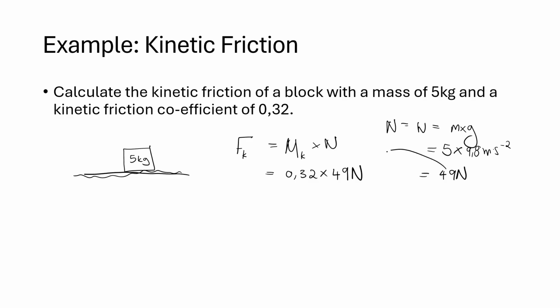Guys, the way we mark is as follows. You get 1 mark for the correct formula, 1 mark for the substitution of both of these values, and another mark for the final answer. So we go 0.32 multiplied by 49 newtons, and we find that our kinetic friction is 15.68 newtons.